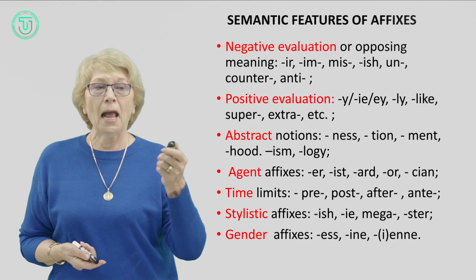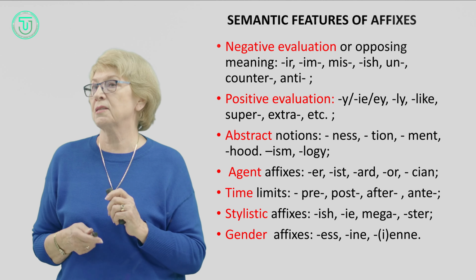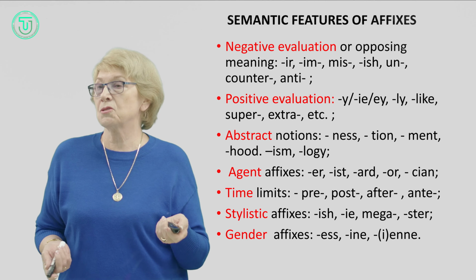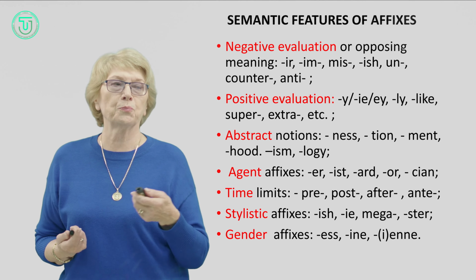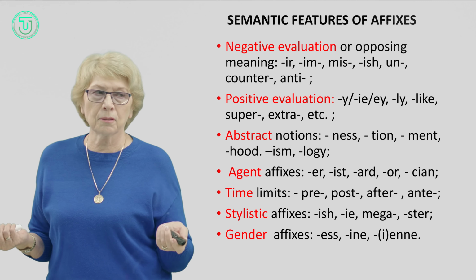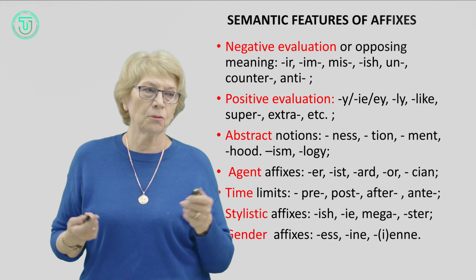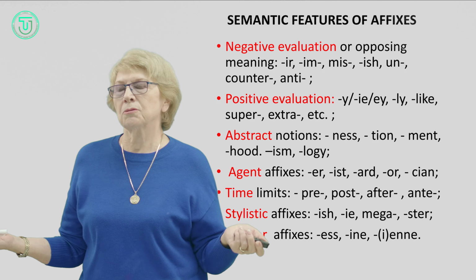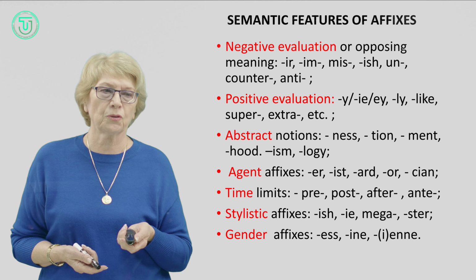Okay. Now, abstract notions also have their own list of affixes, such as -ness in sharpness or darkness, -tion in revolution, expression, discussion, right? -Ment, government. So, or disarmament, for example. So, abstract enough notion, right?